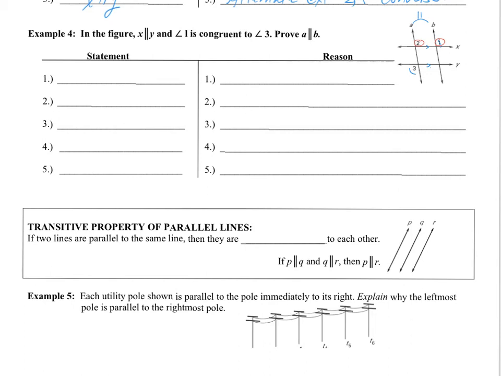So I'm going to begin with x is parallel to y, given. When x is parallel to y, then I know that angle 2 will be congruent to angle 3. I'm going to write that down here by the alternate exterior angles theorem. And now I also know that angle 1 is congruent to angle 3 because it's given.